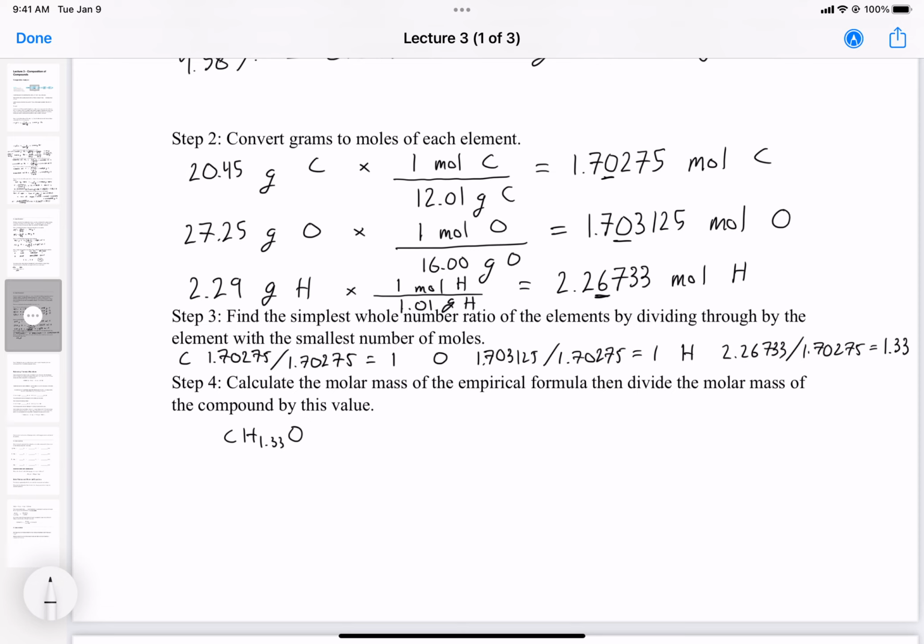So if we did 1.33 times 3, sorry, not times 6, times 3, it gives us about a ratio of 4 to cancel out the 1.33. So what we want to do is multiply everything by 3. So we get C3H4O3.